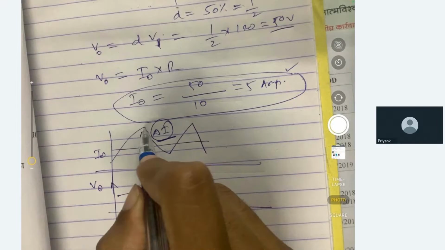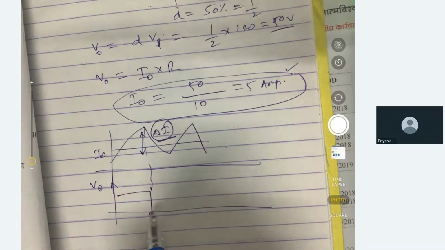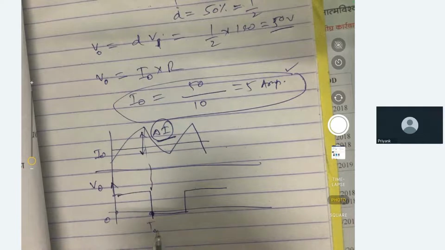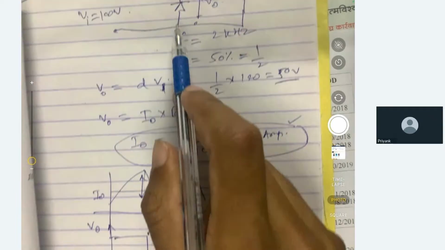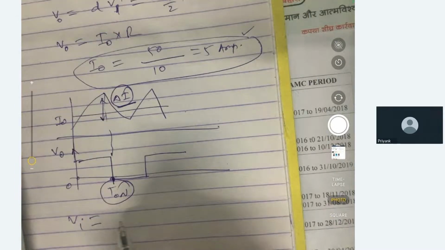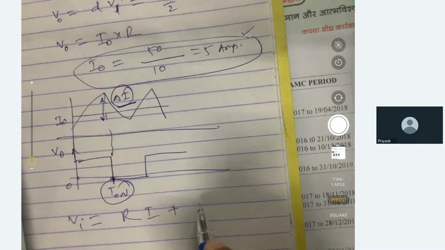When it is off, the output voltage is 0. So let's consider the on cycle, 0 to T on. In the on cycle, the freewheeling diode is not conducting. So V in is equal to R I plus L di by dt.